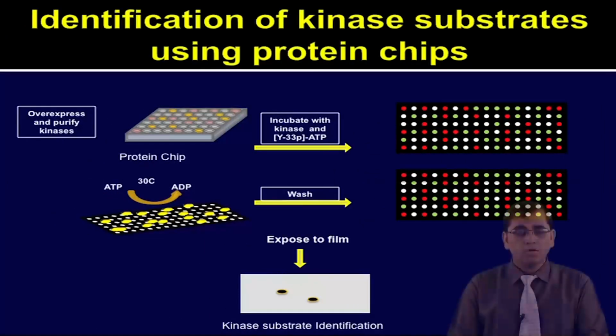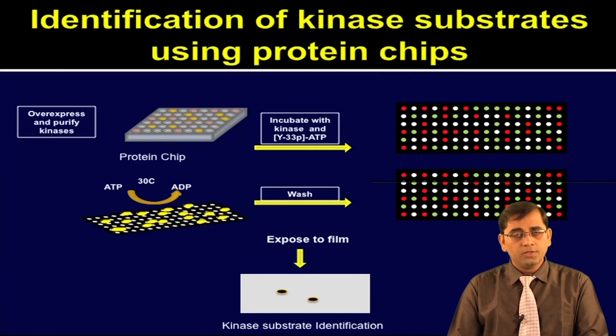In this study, authors cloned more than 5,800 ORFs of yeast, overexpressed and purified these contents to build the protein microarrays for the yeast chip. The slide here shows you an overview of processes involved in identification of kinase substrates using protein chip.